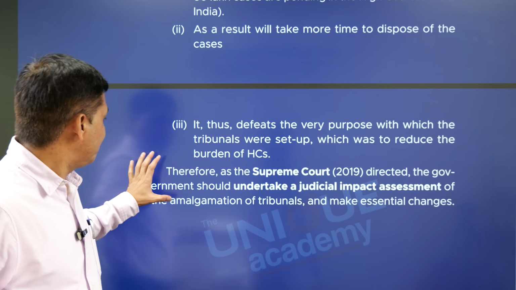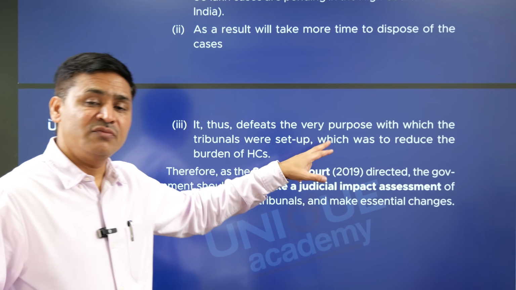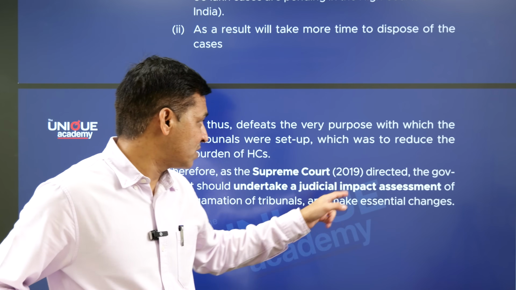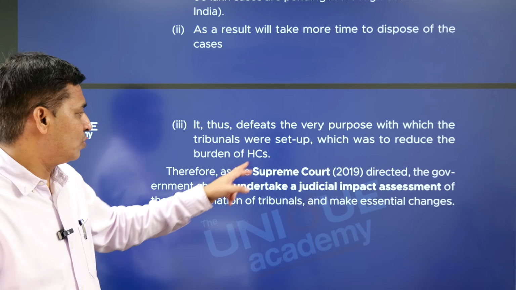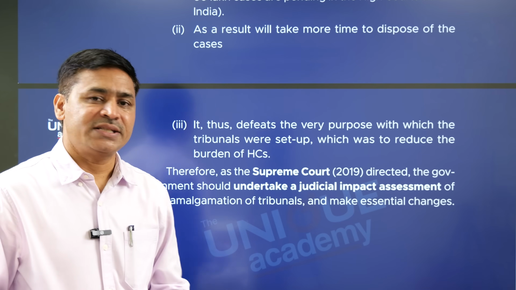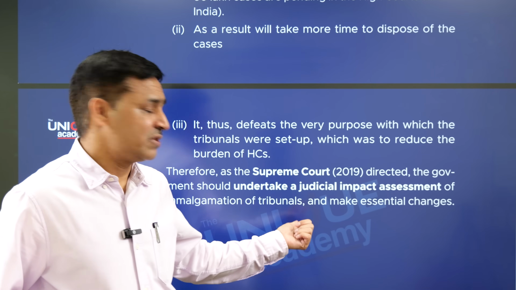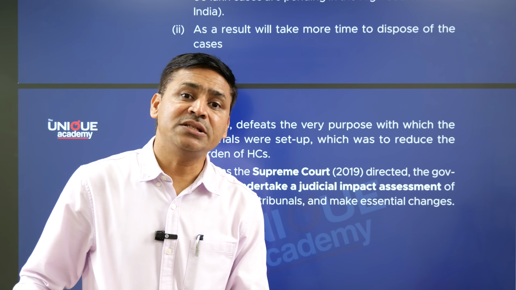So therefore, as the Supreme Court, and again we have gone back to the Supreme Court's observation made in 2019, directed the government that it should undertake a judicial impact assessment of such amalgamation of tribunals and make essential changes.